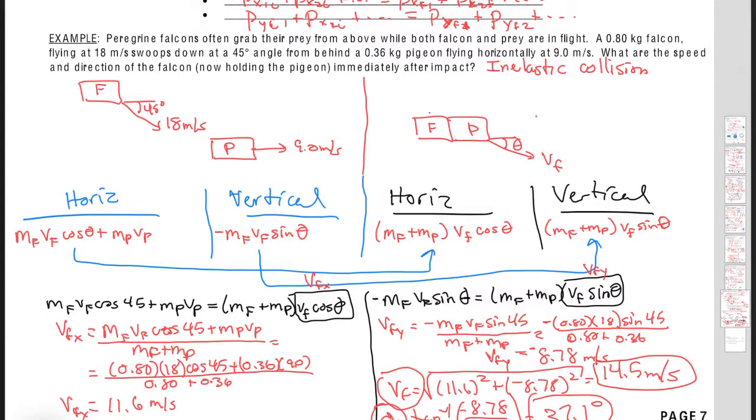Right? So the final velocity of our Falcon Pigeon system is going to be 14.5 meters per second at 37.1 degrees below positive x. Okay, so again, they're going to be moving down and to the right.